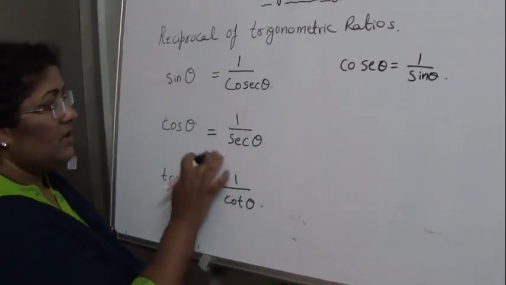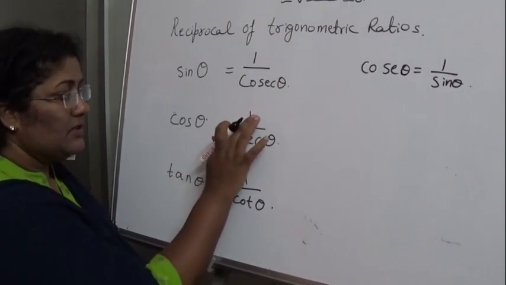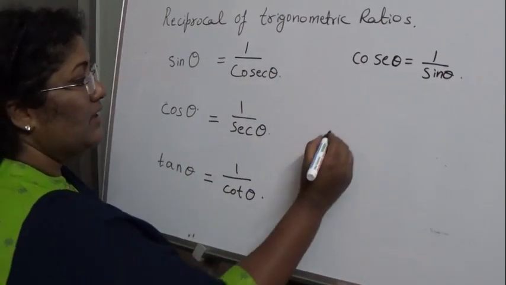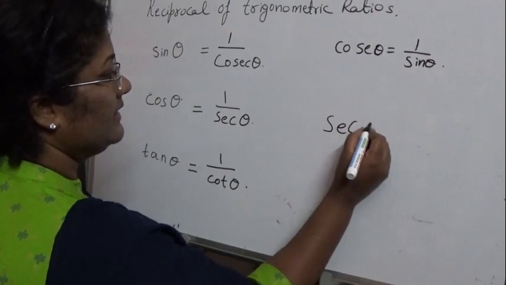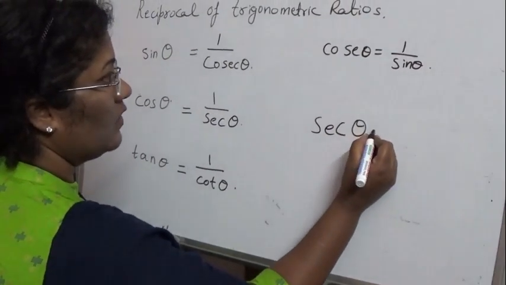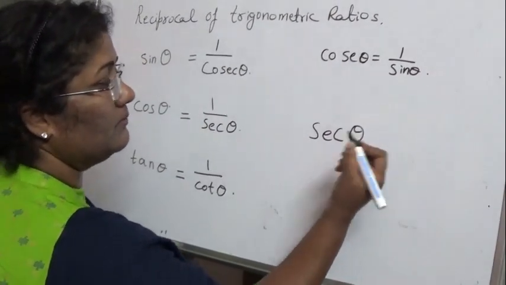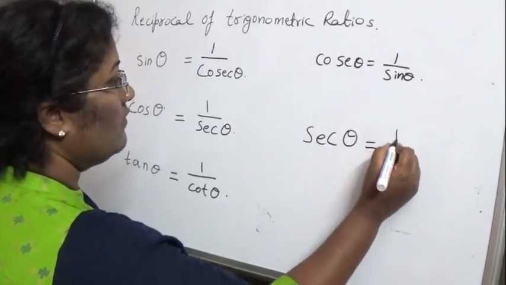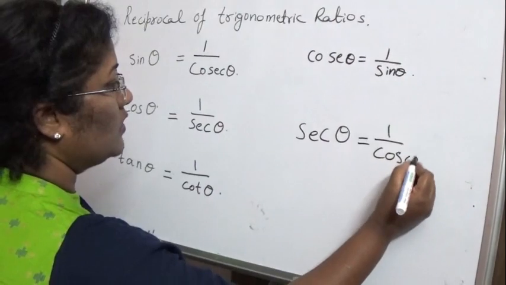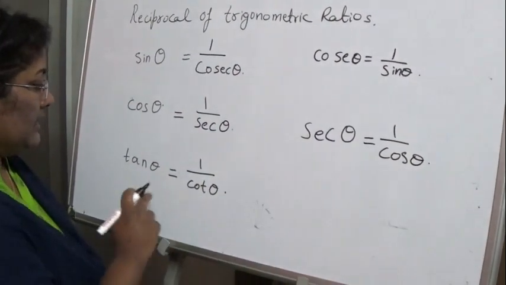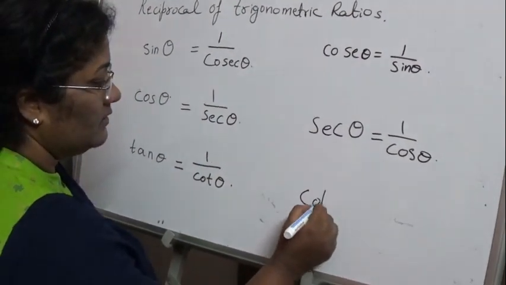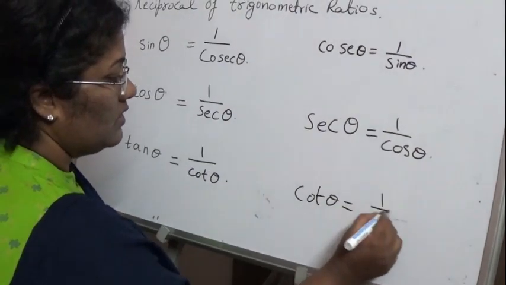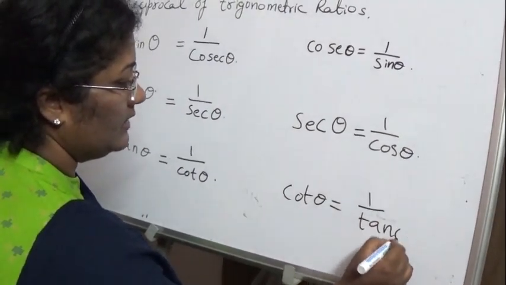If cos theta is equal to 1 by sec theta, then sec theta, or secant theta, can be pronounced both ways, is equal to 1 by cos theta. And the last one, cot theta, is equal to 1 by tan theta.